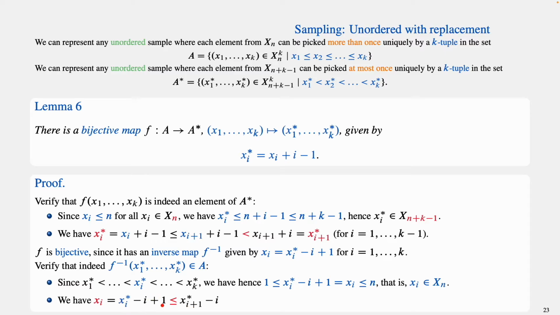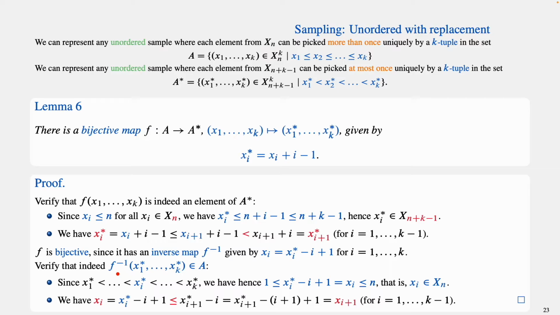So this whole expression here is less or equal to xi plus 1 star minus I. And this we can write as xi plus 1 star minus I plus 1 plus 1. But this by definition is nothing else but xi plus 1 under this formula here. So we have found that xi is less or equal xi plus 1.